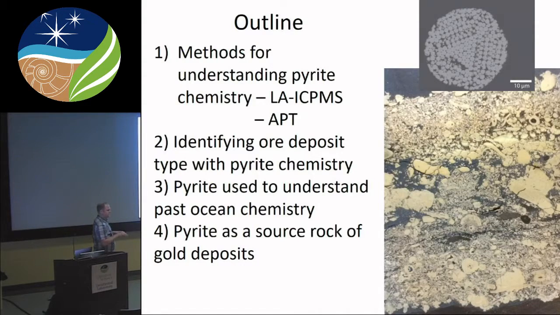And I'll touch on what I've been collaborating on with people at the Carnegie using cluster analysis for that as well. And then we'll talk a little bit about the use of pyrite chemistry in understanding past ocean chemistry. And then I'll go back to economic geology and talk about it as a source for gold in gold deposits.